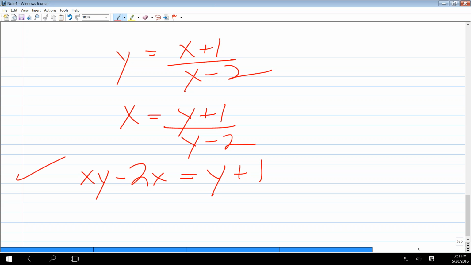So the next step here is to gather all terms with y in it on one side of the equation, everything else on the other. Divide both sides by y. No. Gather every term that has y in it on one side of the equation, everything else on the other.